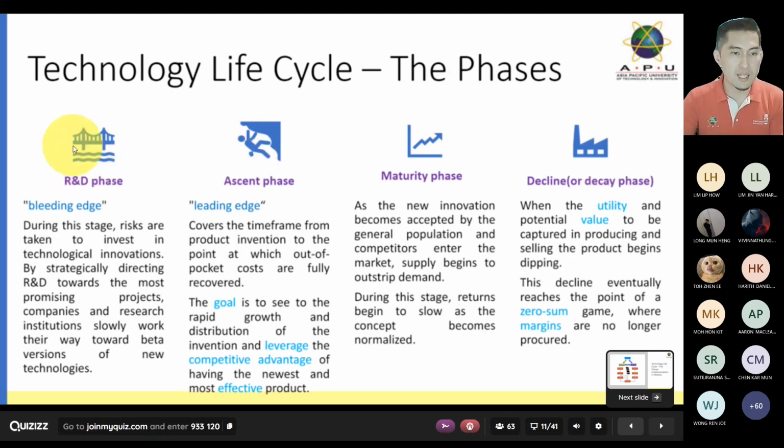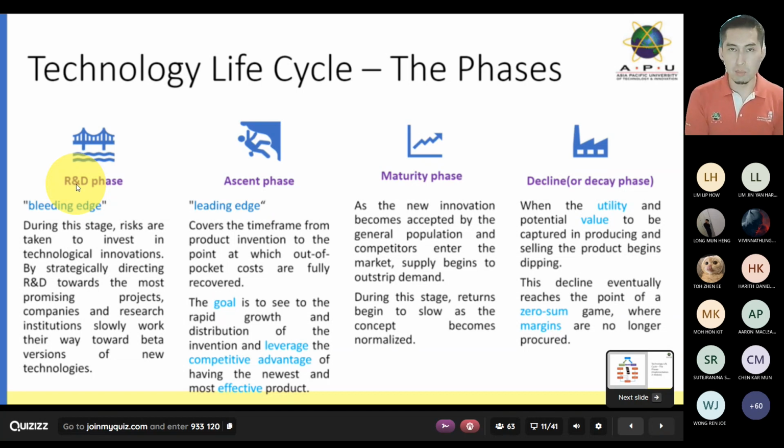So you see R&D is here, the ascent phase is here, maturity, and then decline. In the R&D phase, of course, most technologies will definitely be in this stage first, where it is not commercially available yet, and a lot of R&D is going on in the background, right? A typical example, as you can see, is that there's currently a lot of R&D going into certain types of technology.